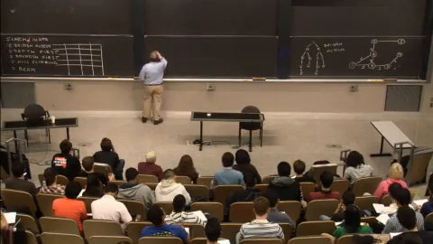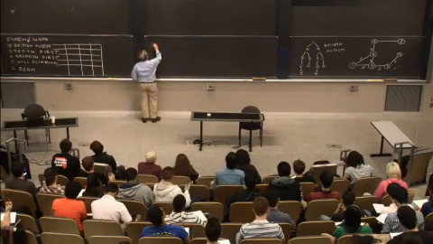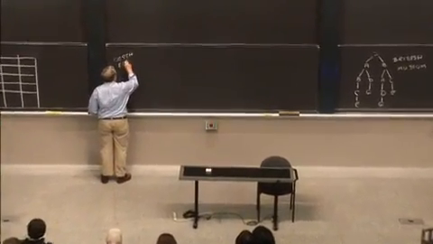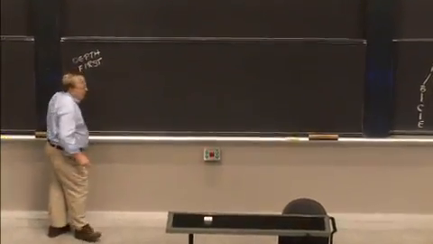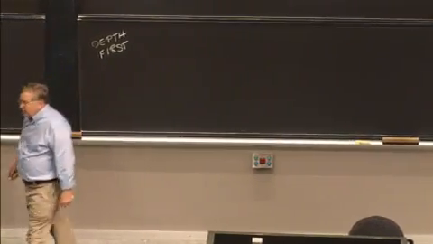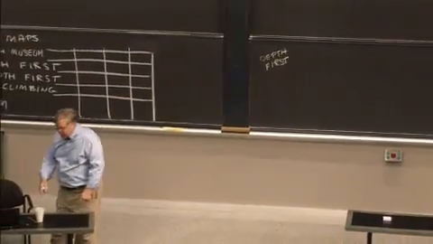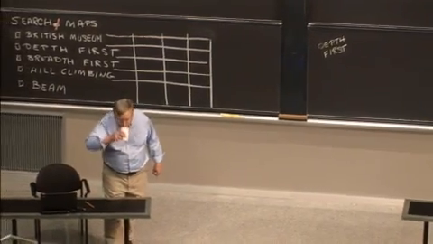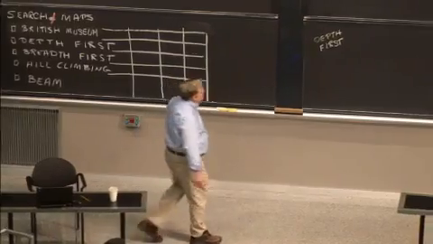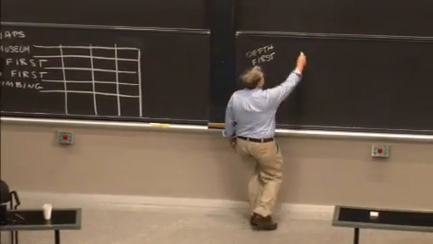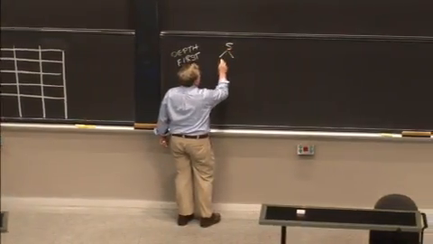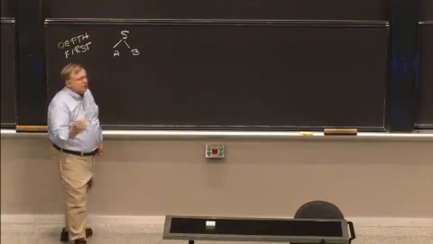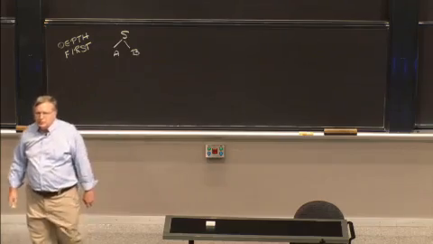So the first kind of search we want to talk about that's real is DepthFirst Search. And the idea of DepthFirst Search is that you barrel ahead in a single-minded way. So from S, your choices are A or B, and you always go down the left branch by convention.